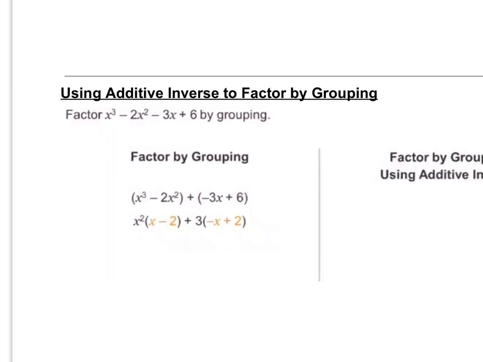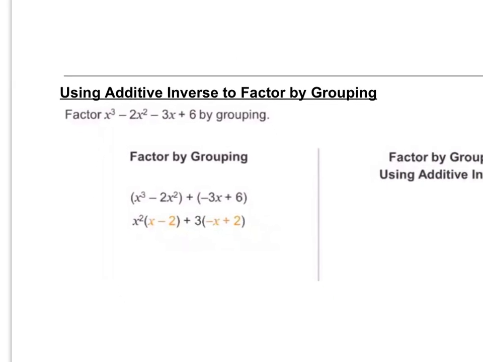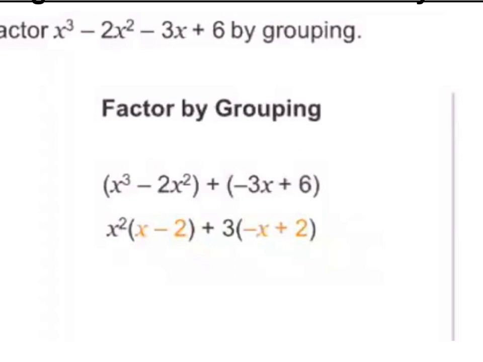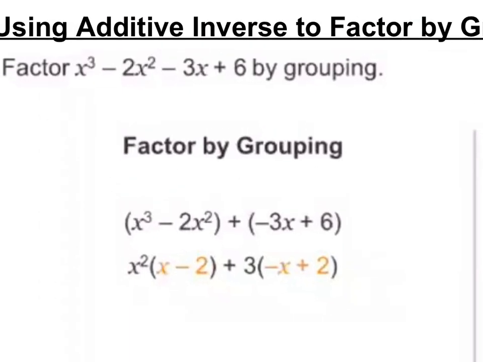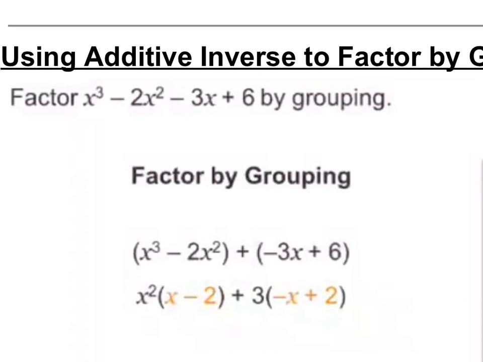Okay, so now let's take a look at this. We've already kind of talked about this a little bit. But let's say that we took this polynomial and we factored it out. Now, what we notice is that this term right here is negative, and that kind of screws everything up.